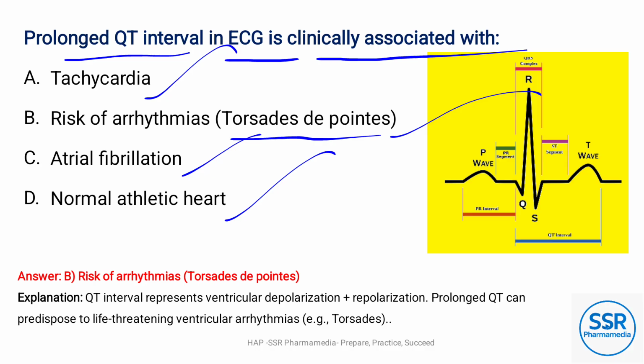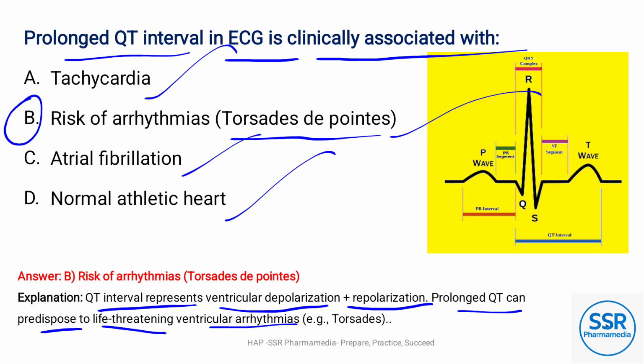So the answer is option B, risk of arrhythmias. The QT interval represents ventricular depolarization and ventricular repolarization. A prolonged QT can predispose to life-threatening ventricular arrhythmias. It is torsades.